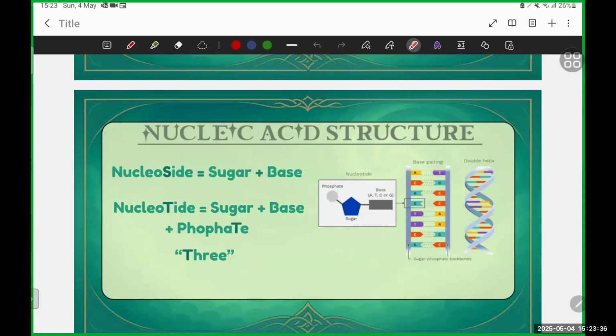But if you forget, in my head, S is like second, so two. There's two things: sugar and base. Nucleotide has a T, so there's three things: sugar, base, and phosphate. So the phosphate is the key difference between a nucleoside and a nucleotide.